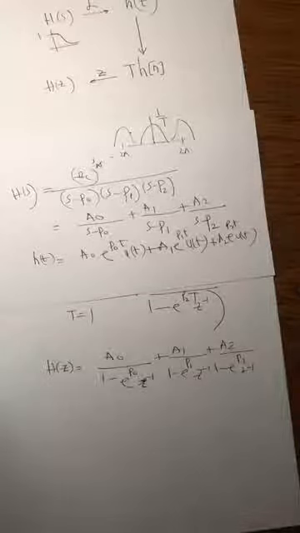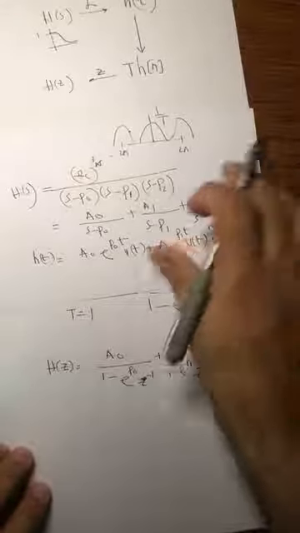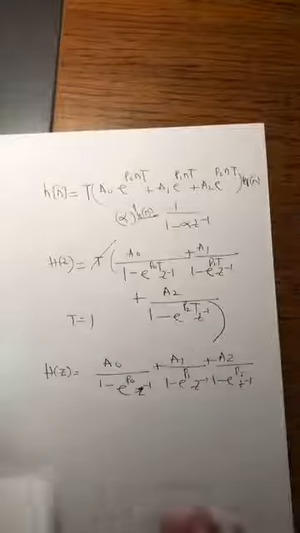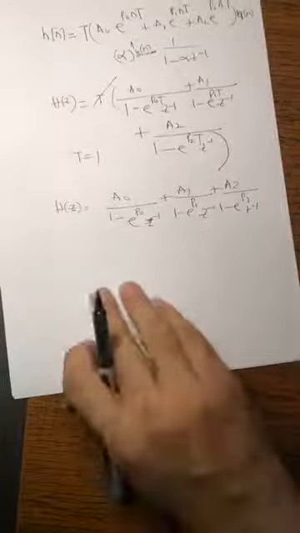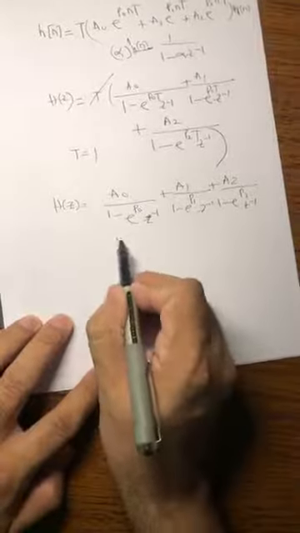Now there is only one thing which you need to understand. Let me try to explain this: what you are designing is H of j omega.